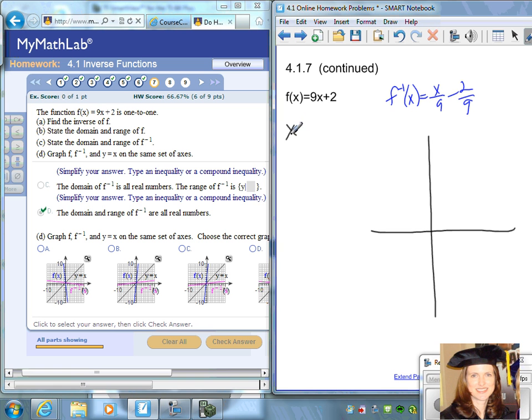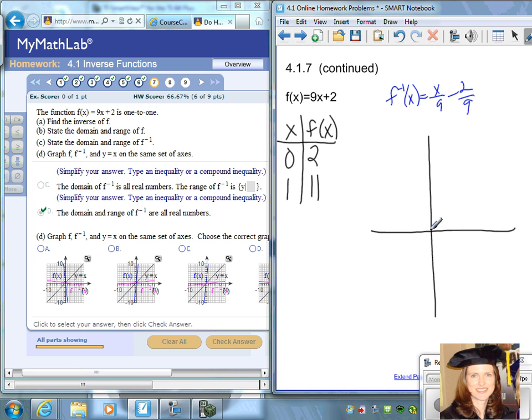So if you make a table for x and f of x, I'm just going to do maybe 2 points here. When x is 0, in the original function you plug in 0, 9 times 0 plus 2 is 2, and let's say you plug in 1, 9 times 1 plus 2 is 11.